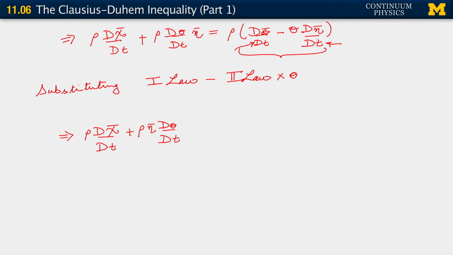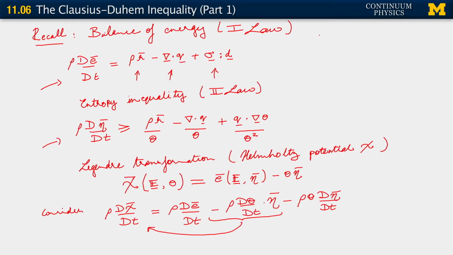However, for the material time derivative of the entropy, we have an inequality. In particular, we know that the material time derivative of the entropy is greater than or equal to a quantity on the right-hand side. I'll go back once more just to point that out to you. Okay, here we go. We have an equality for the first law, the second law is an inequality.